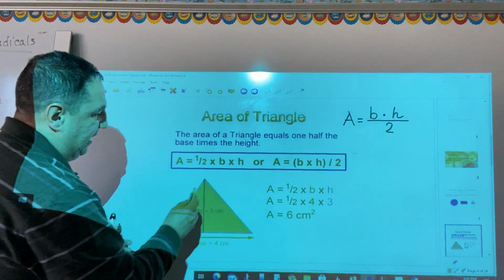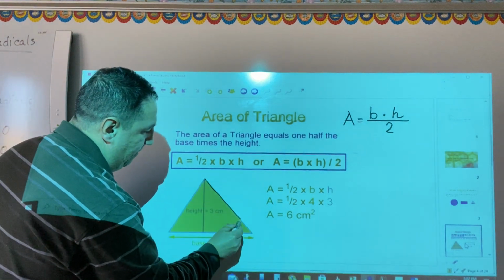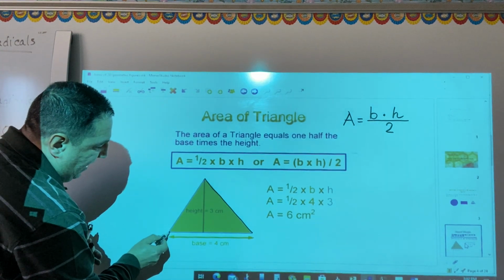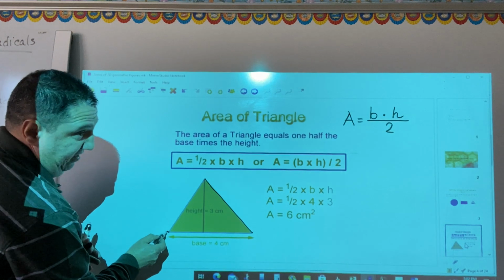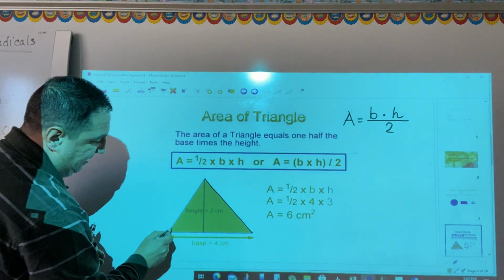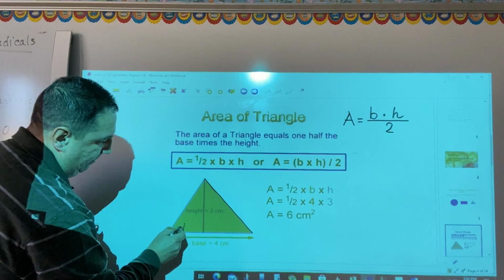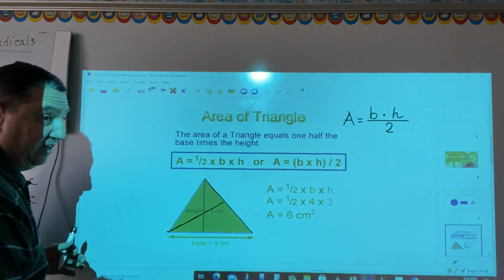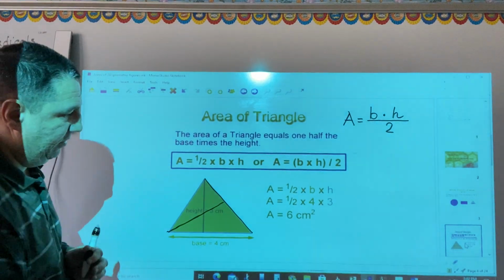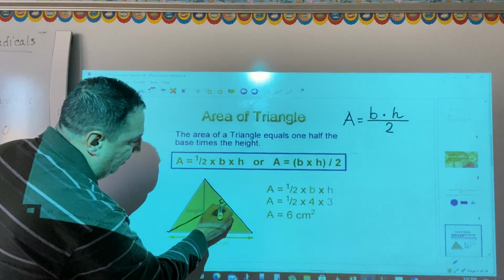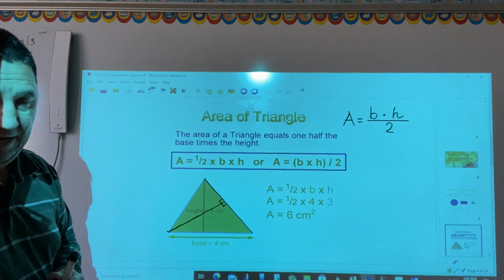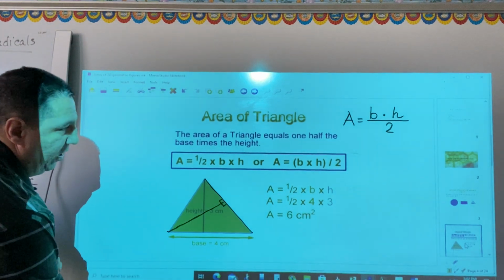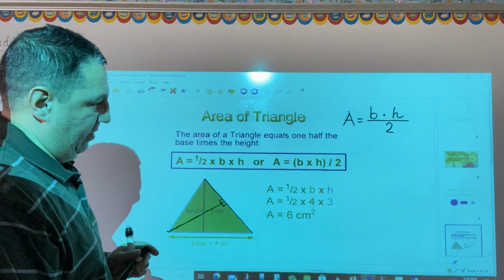If we choose this side as a base, its height would be the line segment that joins this vertex with the side and is perpendicular to the side. This is another altitude or height, and is perpendicular to that side. We'll have an example with area of a triangle.